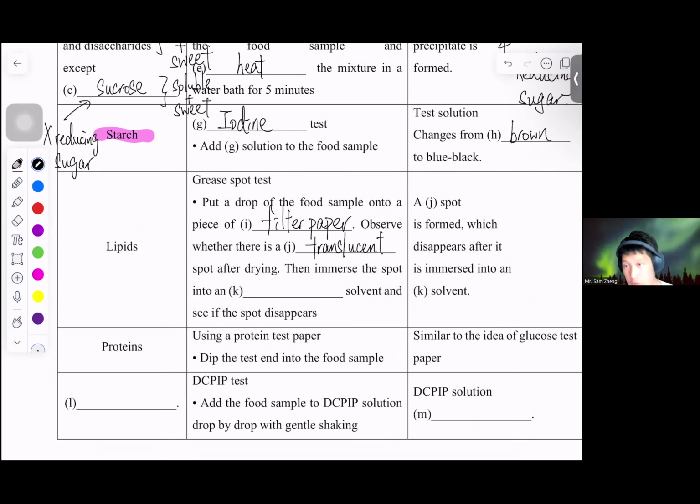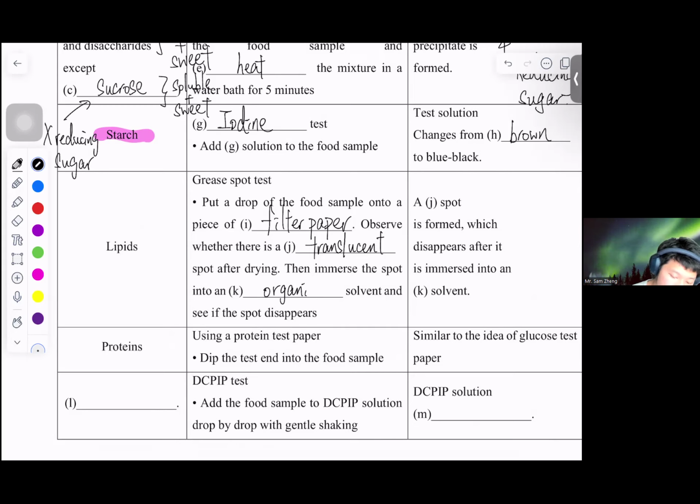If there is a translucent spot after drying, then there is a high chance that the food sample or the juice does contain lipid, or fatty tissues.